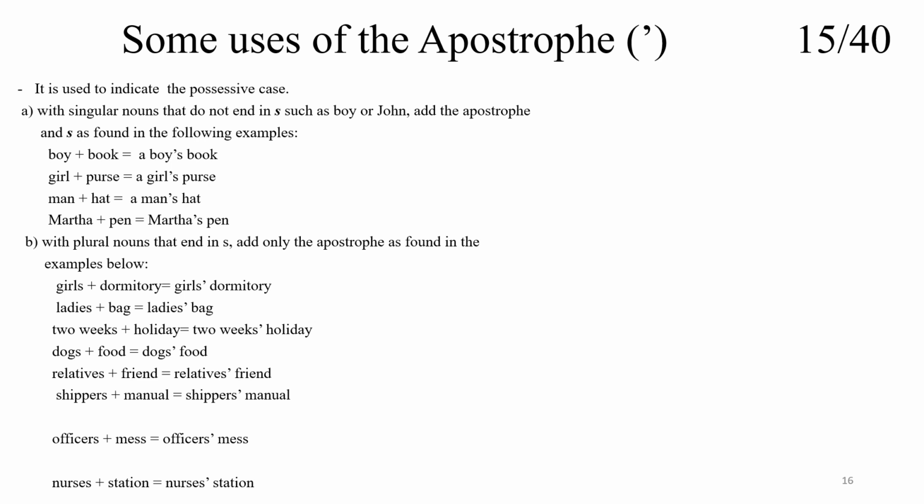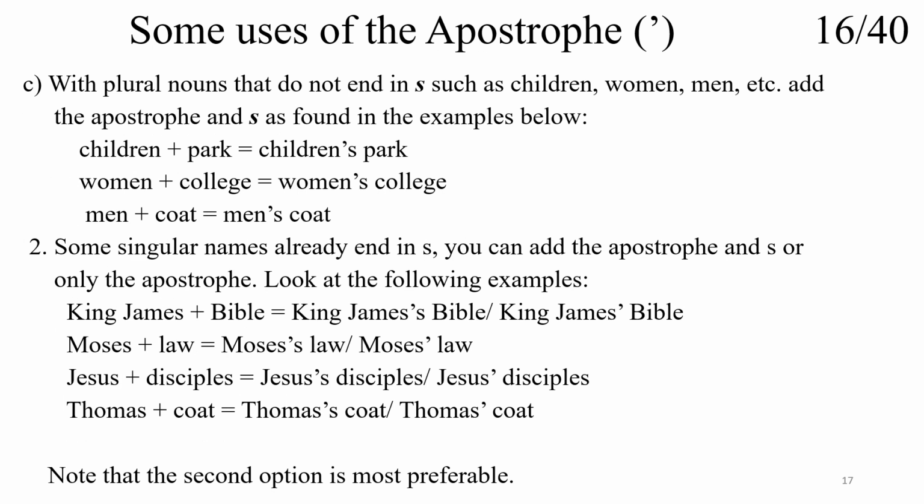So all that I will do is that I will place the apostrophe after the last S. Nurses' station, the same thing. If we don't learn where we place them, it will be very difficult for us to apply them correctly. So take note and apply apostrophe correctly.